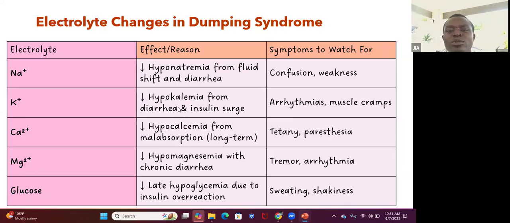So potassium too will go down. The reason is this same diarrhea and the insulin surge. You know that potassium and insulin have an inverse relationship.